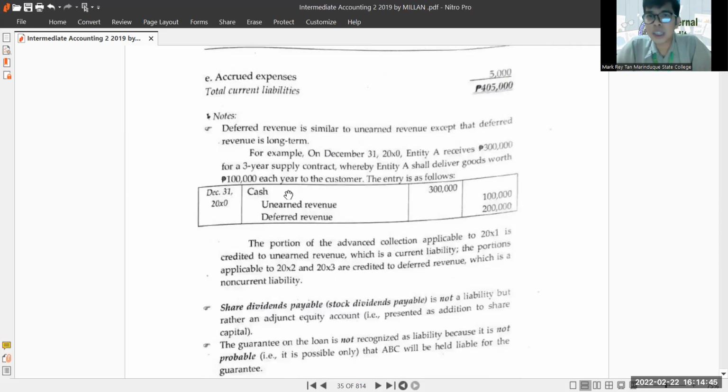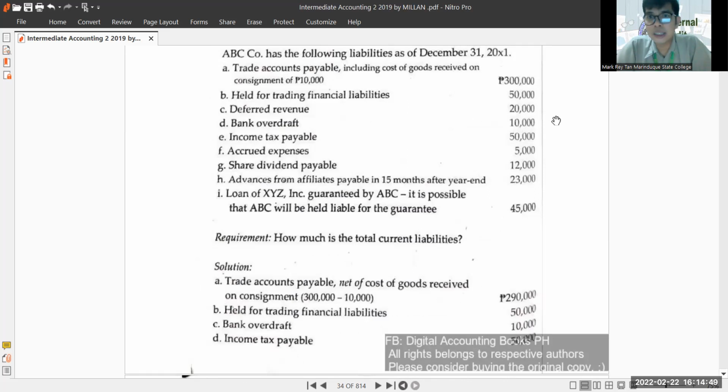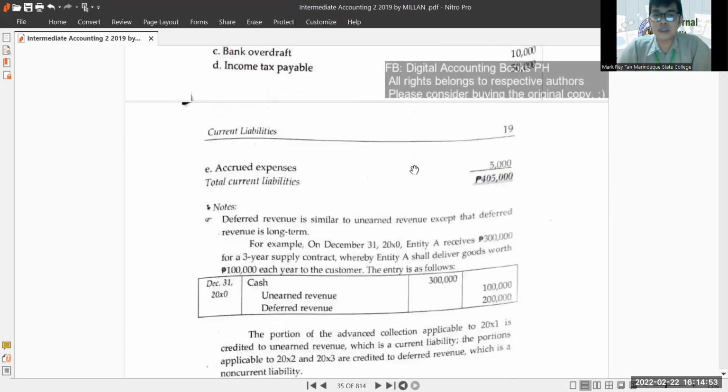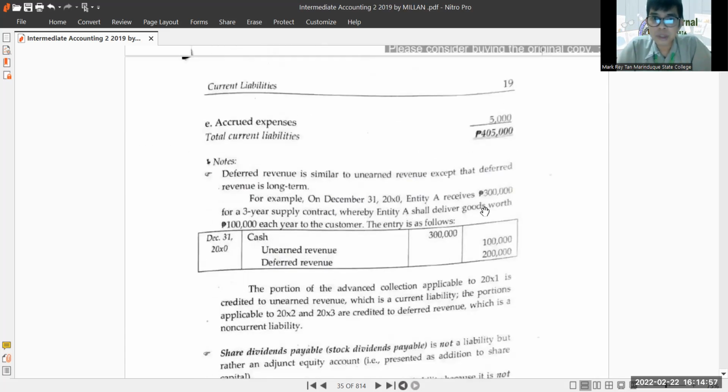By following this explanation, yung deferred revenue, gusto niyong sabihin na long term. Hindi naman siya mahirap unawain na para sa kanya, pag sinabi mong deferred, it means long term. Na pag sinabi mong unearned, means short term. Yan yung gusto niyong sabihin dito.